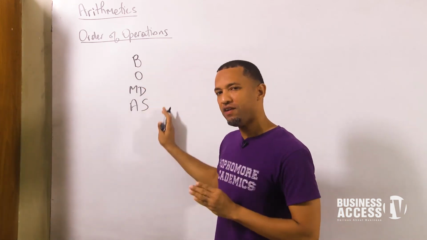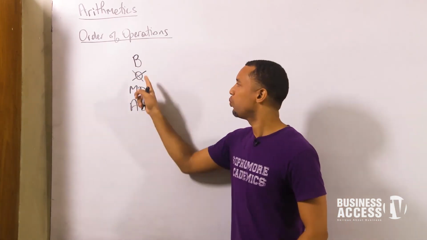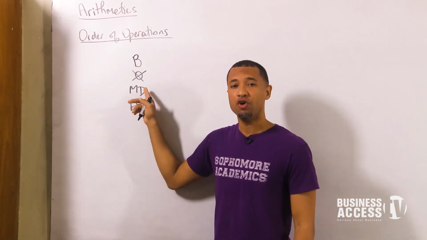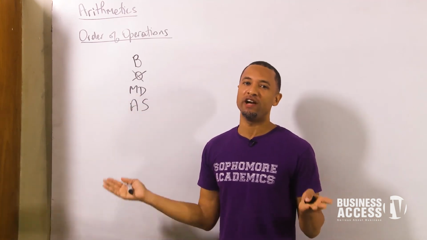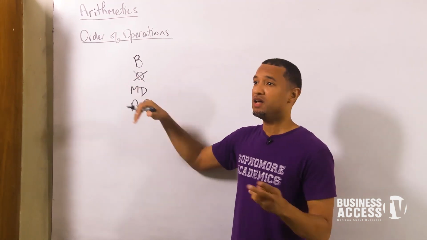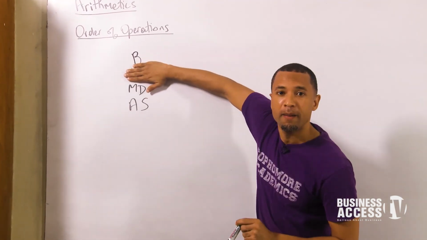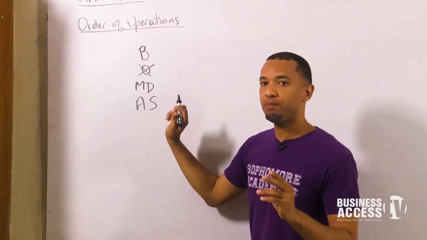I'm going to rewrite this. I'm not going to use O, because the truth is, when you learned BOMDAS, the O never really stood for anything. The O was really just there for pronunciation's sake, because they didn't want to say DAS. So that was replaced further on.